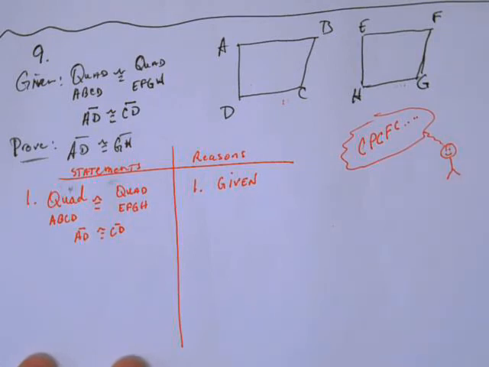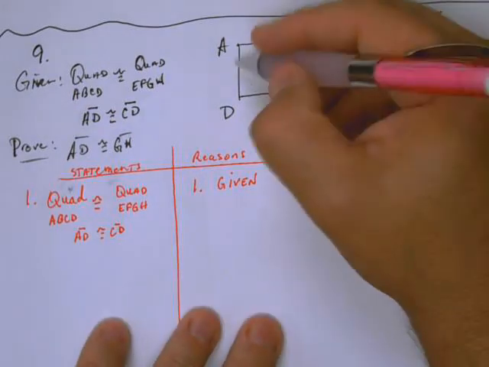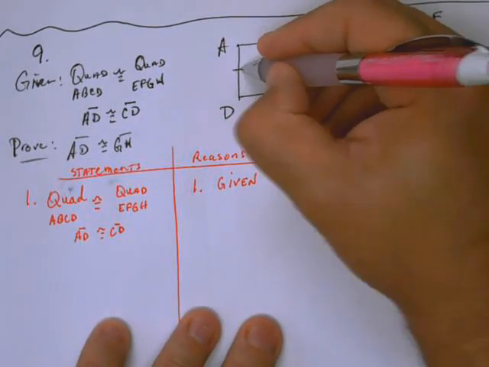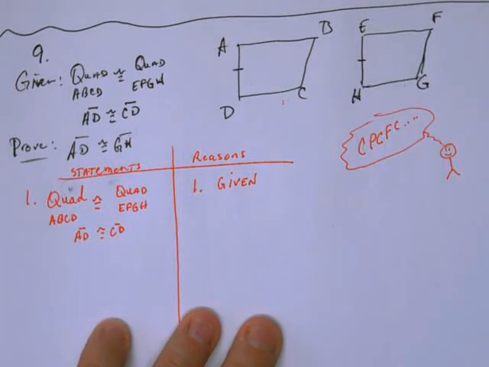If those two figures are congruent, that means so are all the corresponding parts. Aha! So I can conclude, just from the given, I'm not doing anything with the proof right now, that AD is congruent to EH.